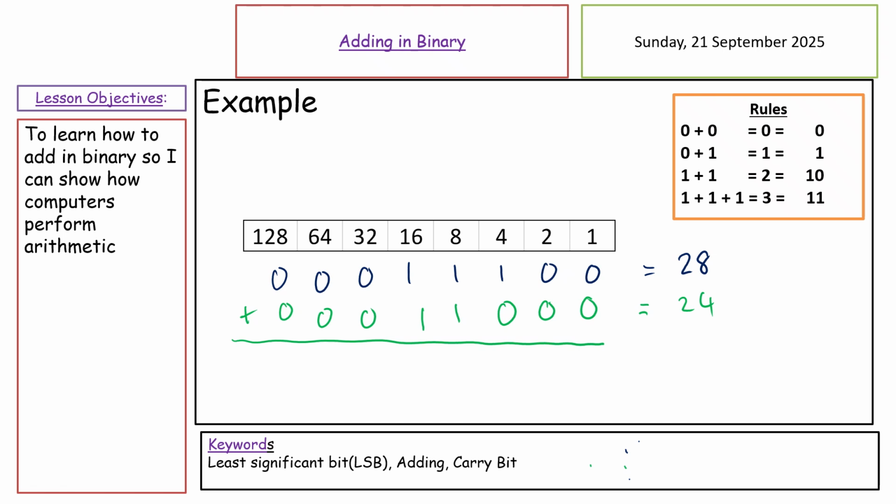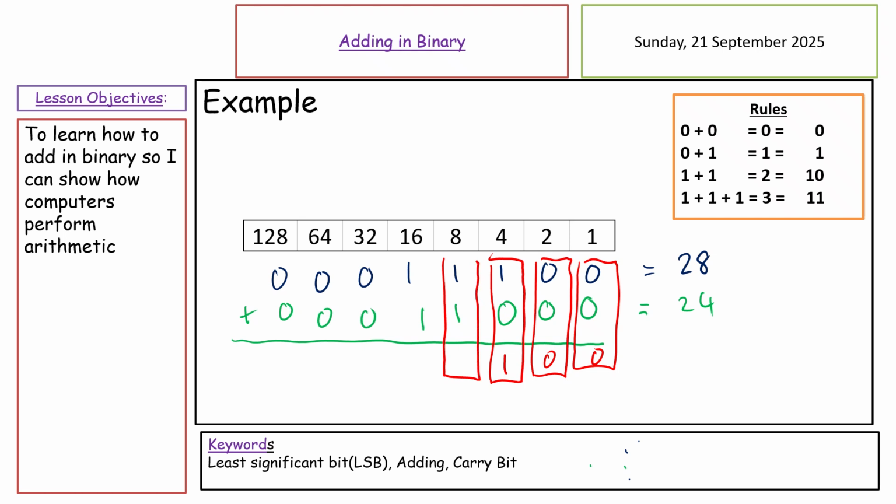Let's now use our rules and highlight them. We're going to do 0 plus 0 gives me 0. The next 0 plus 0 gives me 0. 1 plus 0 gives me 1, which is just 1. Here I've got 1 plus 1, which gives me 2, which in binary is 0, and carry the 1.